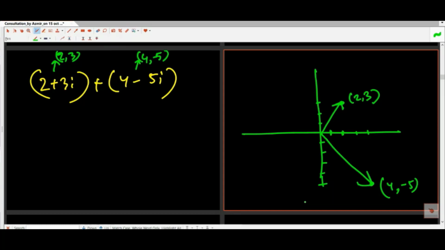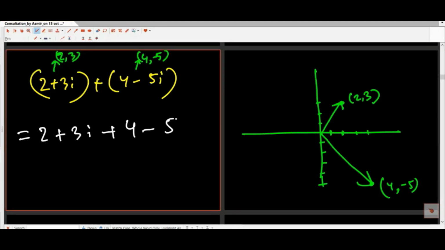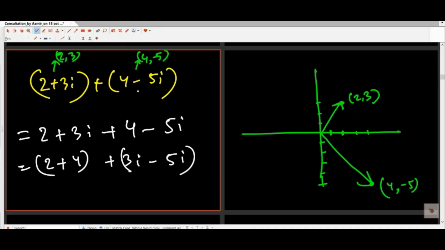So what will be the summation? Summation will be 2 + 3i + 4 - 5i. We can sum up the real parts, 2 + 4, plus 3i - 5i. So the real parts have been grouped and the imaginary parts are combined together.